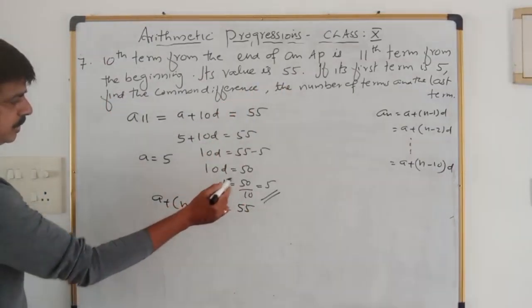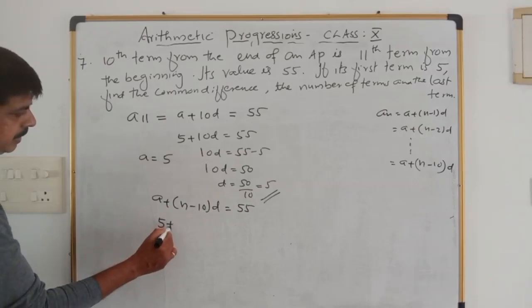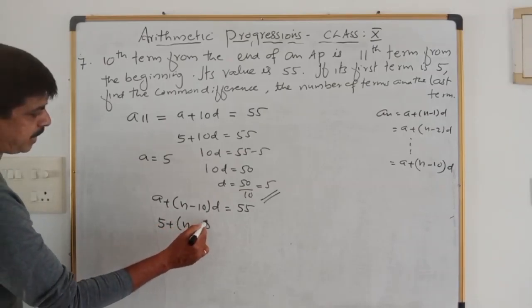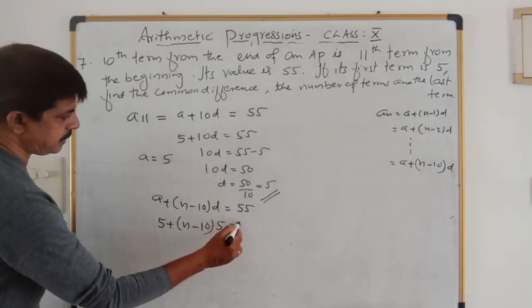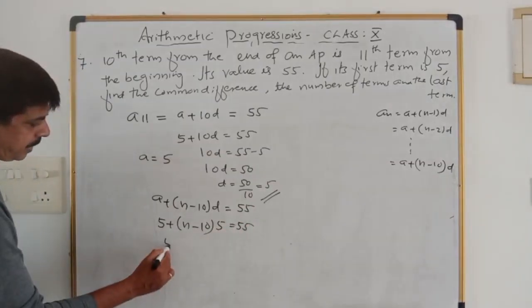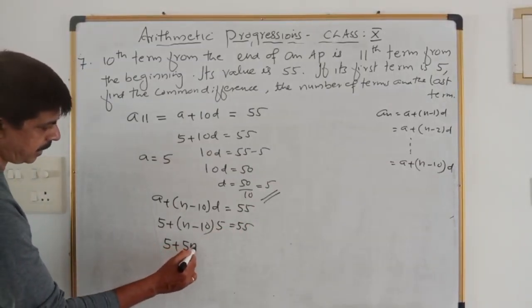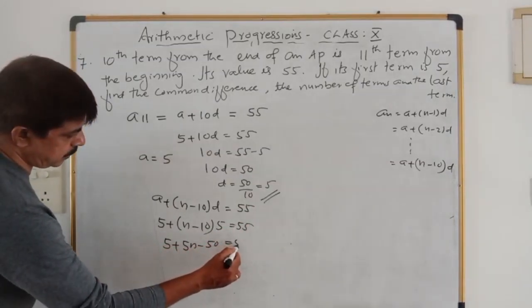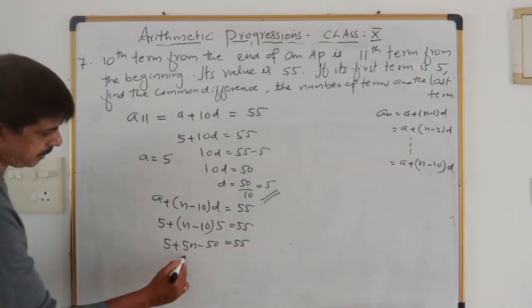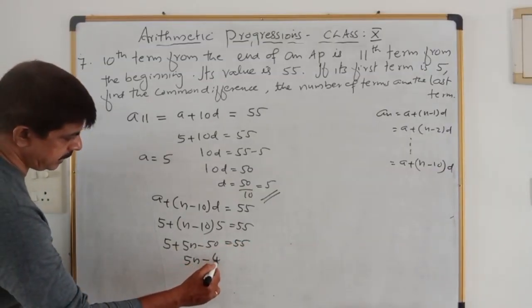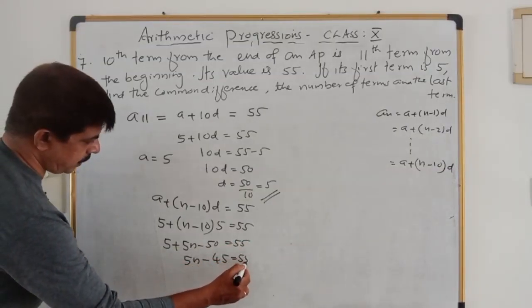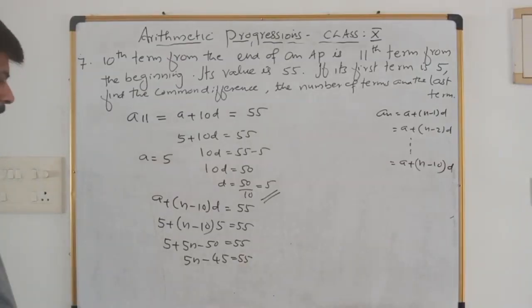Now we will substitute a as 5, n itself minus 10, d again 5 is equal to 55. 5 plus 5n minus 50 is equal to 55. 5n minus 45 is equal to 55.